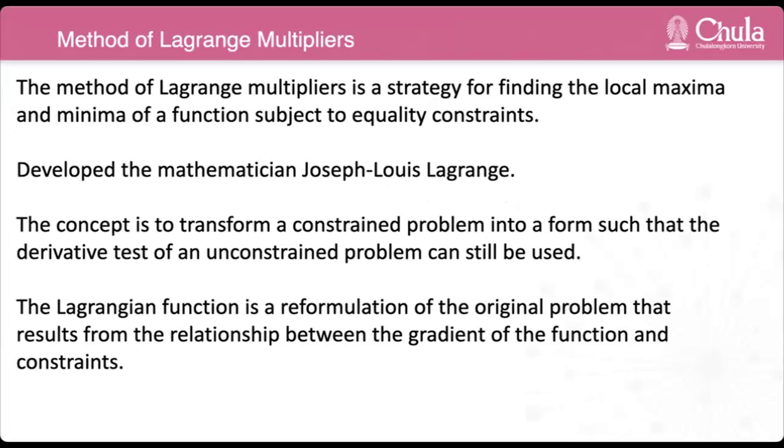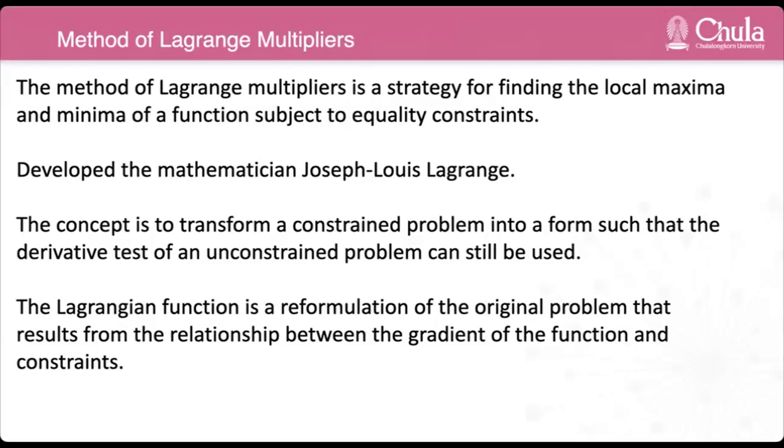This method we call the method of Lagrange multiplier, and it is a strategy for finding the local maximum or minimum of a function subject to an equality constraint. Only equality constraints can be handled by using Lagrange multiplier. You cannot use Lagrange multiplier to handle inequality constraints.